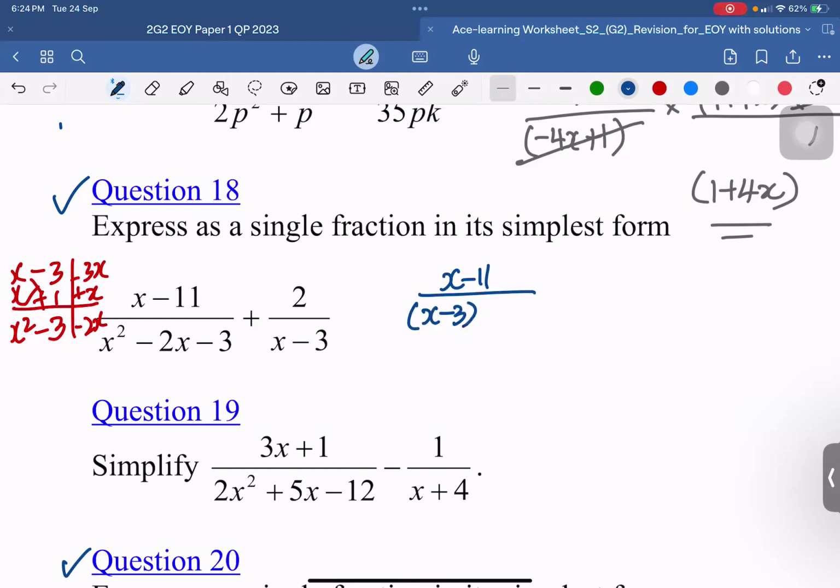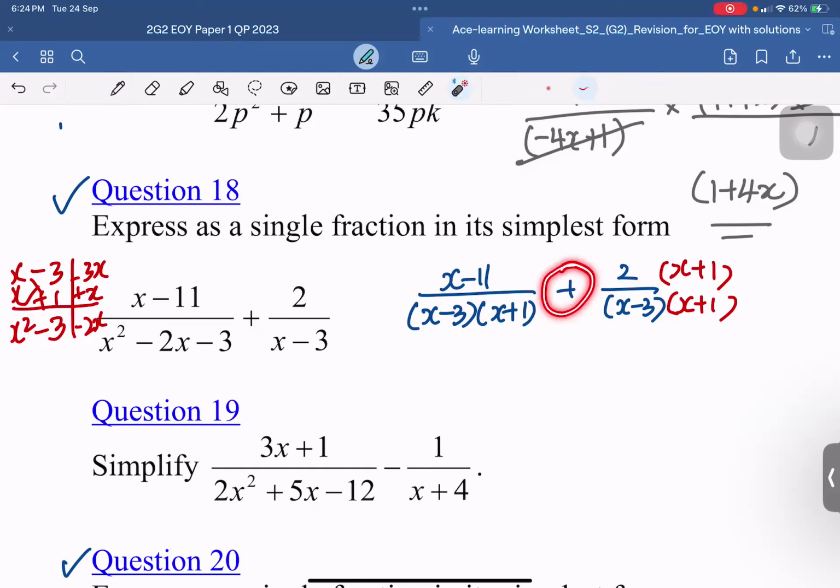The denominator now change. Okay, I factorize the denominator, change to this. Then now, which one do I need to multiply here? What do I need to multiply here? X plus 1. Correct, we multiply x plus 1. Now, this question over here is addition, so no need to be worried because it's positive.